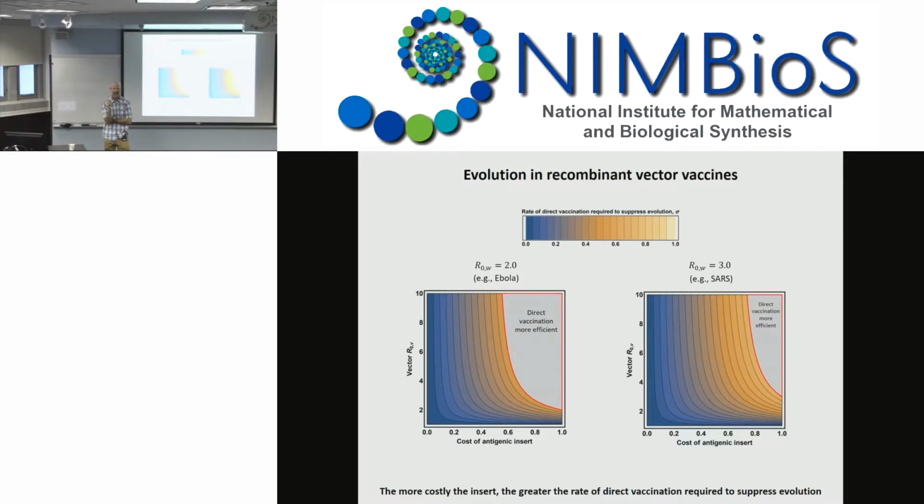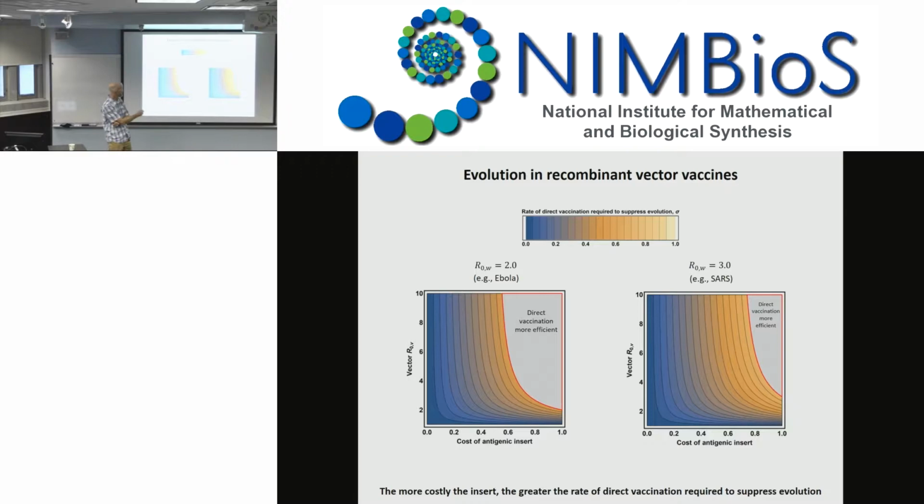The problem is once you allow for evolution and reversion to the vector, and we acknowledge that there's probably some cost of carrying that antigenic region, what Andrew's result shows us is that as the cost of the antigenic insert increases and the vector R naught increases, so too does the rate at which we have to directly vaccinate the population to suppress evolution of the vector, of the vaccine.